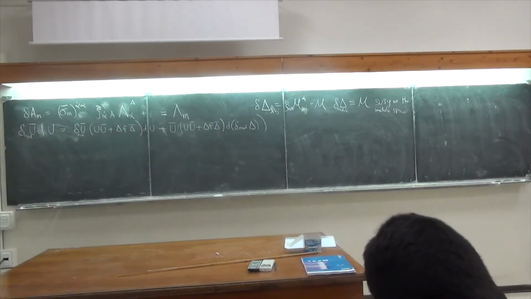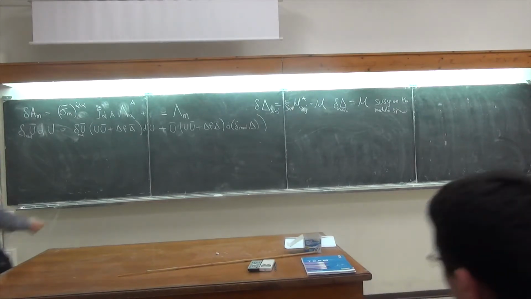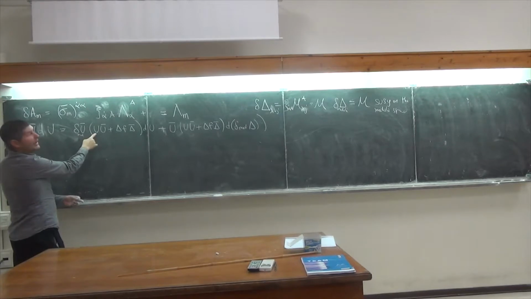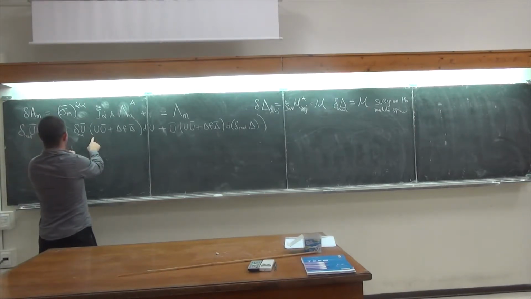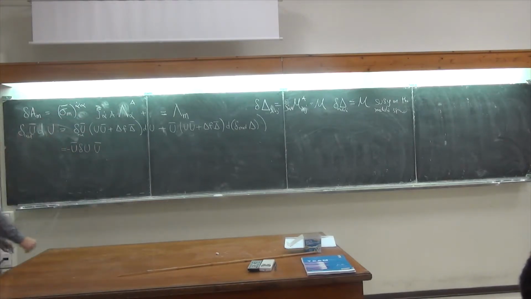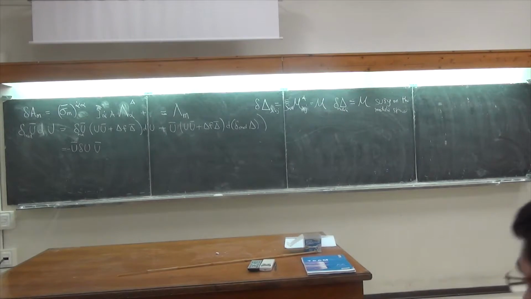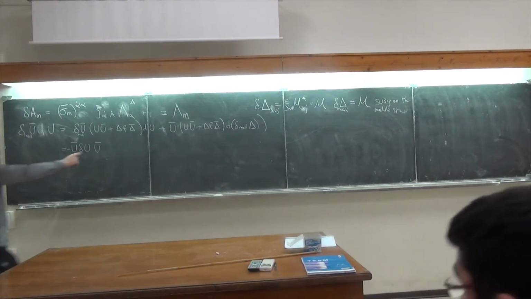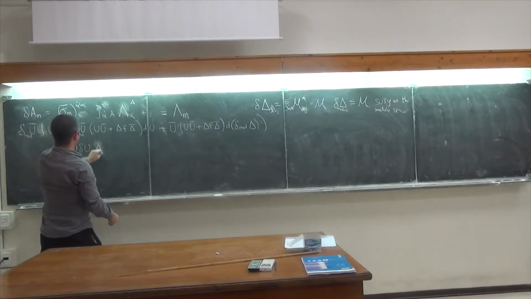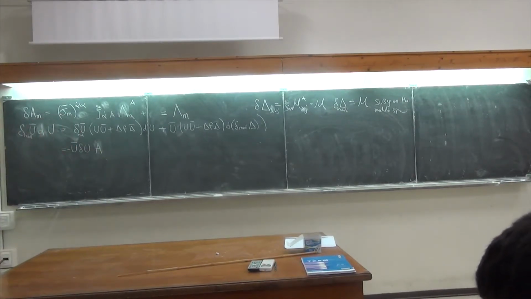This is always the trick. When you want to do ADHM, every time you have something acting on you, you don't know, but you know that U bar U is 1, therefore this term you can write like U bar with minus U bar delta U times U bar, sorry, U bar dU, which is just A. So minus.